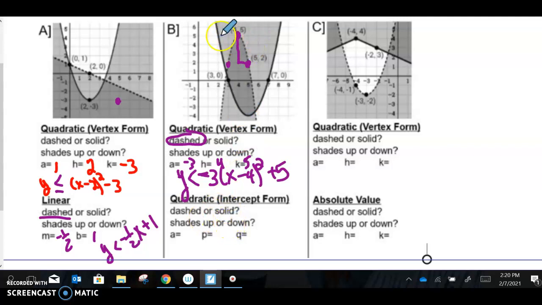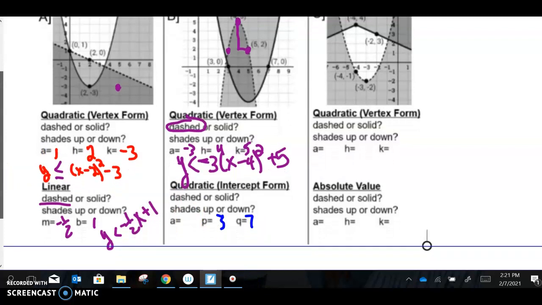The other parabola I have that's opening up, I don't know the vertex. It looks like it might be 5, -4, but I do clearly have the intercepts. Okay, the intercepts are 3 and 7. Those are my p's and q's.